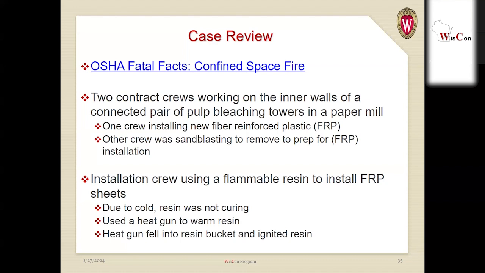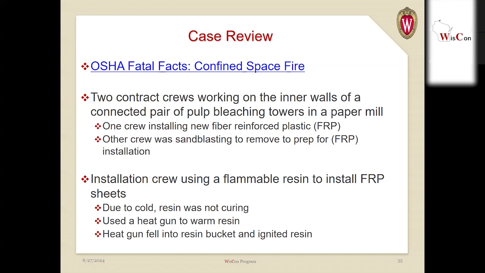In this specific case, there were two contract crews working on the inner walls of a connected pair of pulp bleaching towers in a paper mill. One crew was installing a new fiber reinforced plastic.